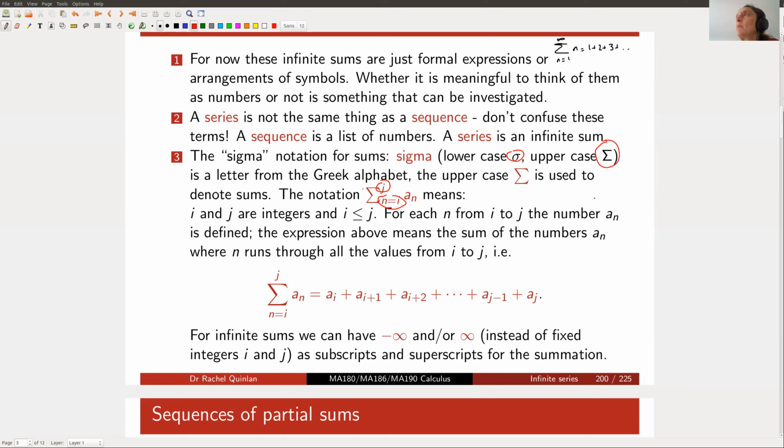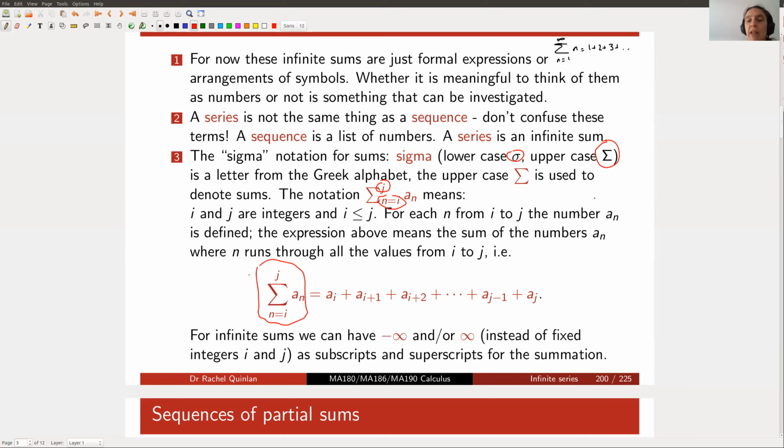Sometimes you don't need to write those if it's completely clear from the context, but often it isn't. So this means we're taking an expression a_n, which has a value for natural numbers n, let's say, and we're taking the terms a_(i+1) up as far as a_j, and adding them together. So that's what this expression means.